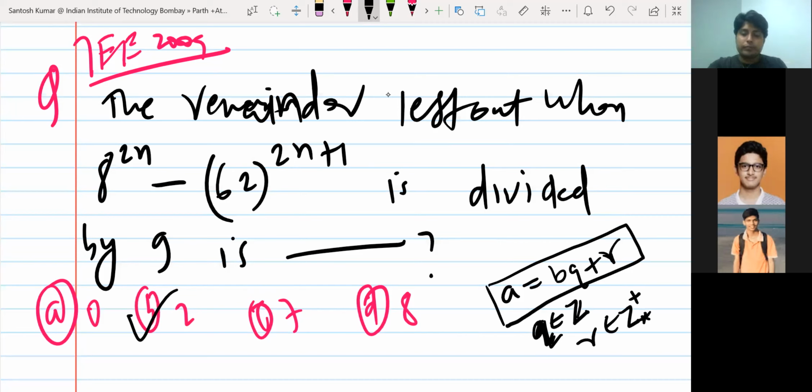If the divisor is B, the remainder will be 0, 1, 2, up to B minus 1. This is the only possibility for the remainder.